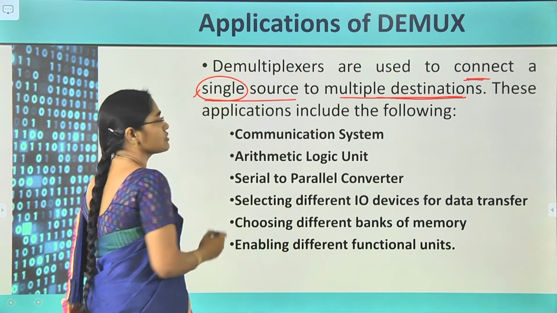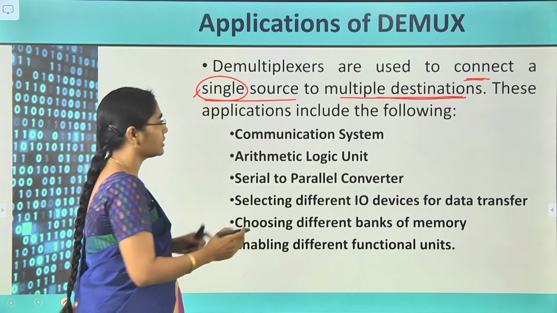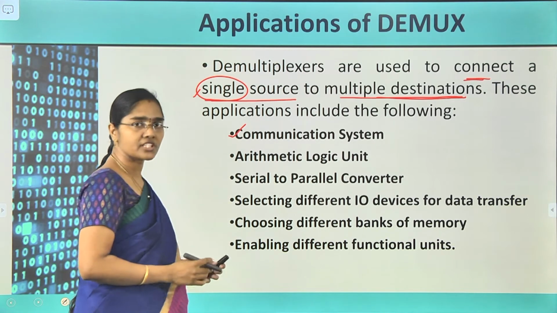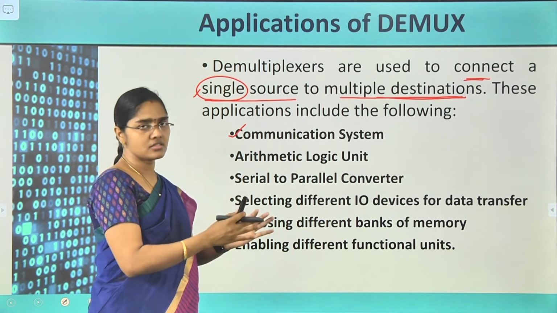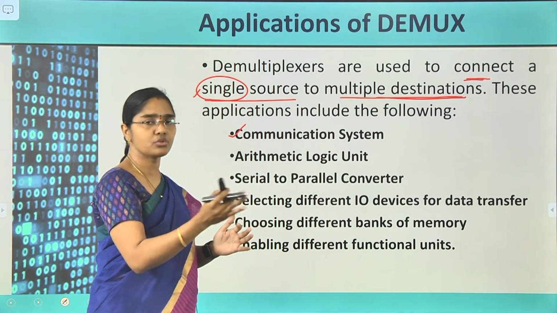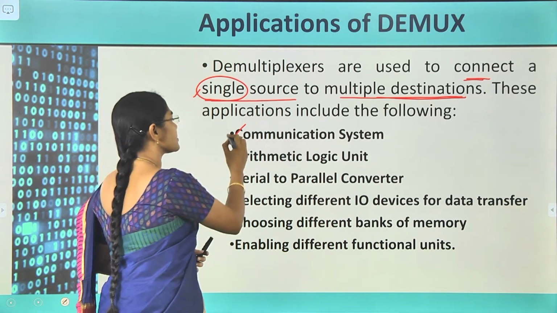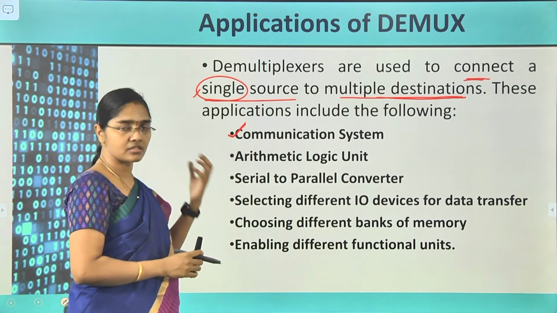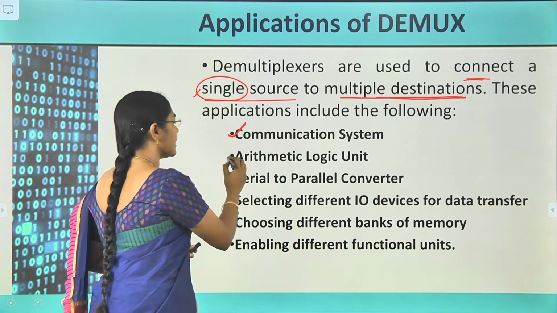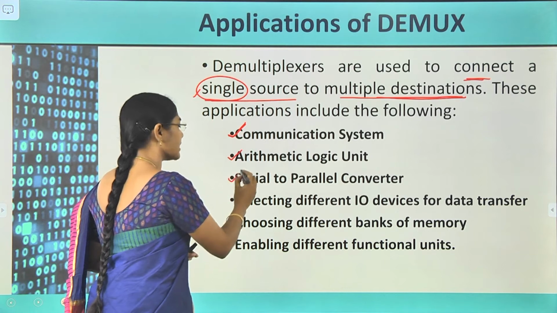Such cases are always possible in a communication system. In a communication system, one source has to be transmitted to different receivers, many receivers. So therefore in a communication system, this demultiplexer is required. And in the ALU, a serial to parallel converter.